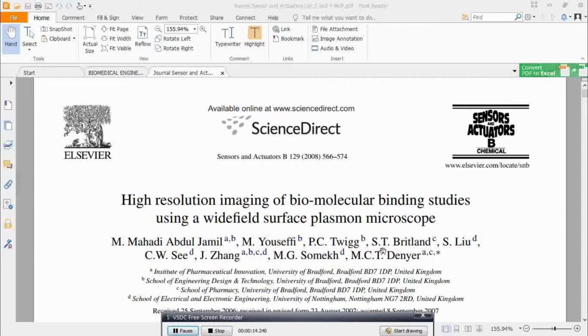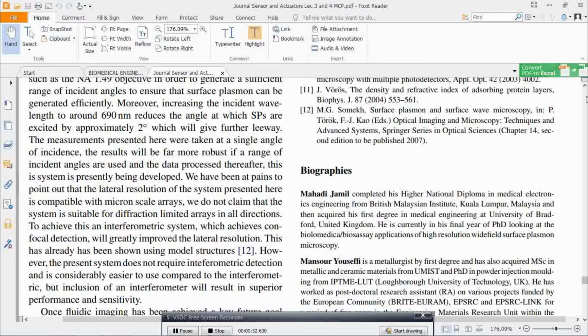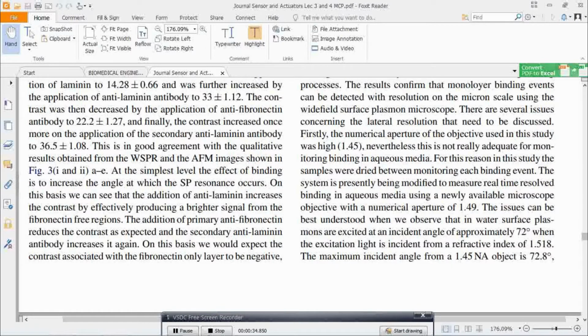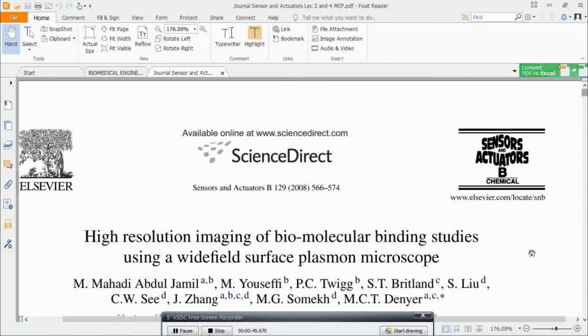We should continue from the last time we stopped at cell culture. This one is one of the studies that I have performed with my lecturers quite a few years back.